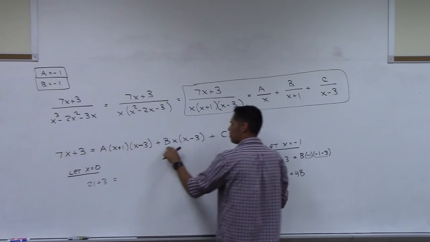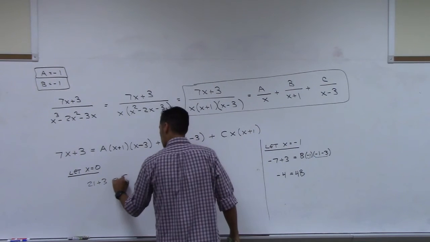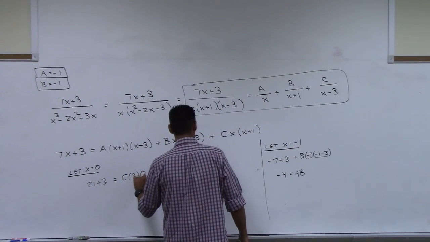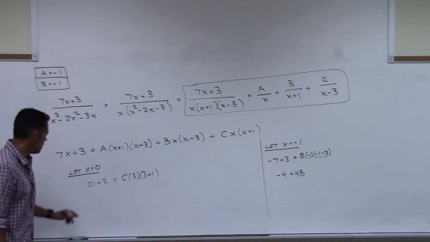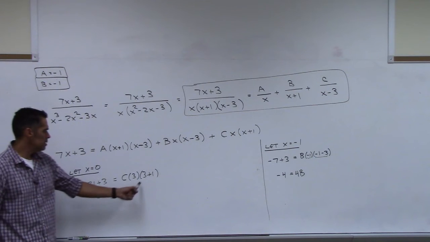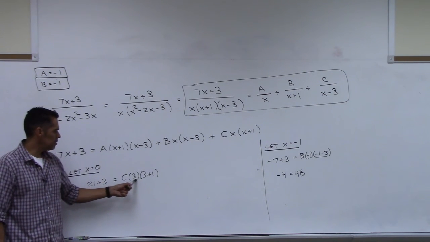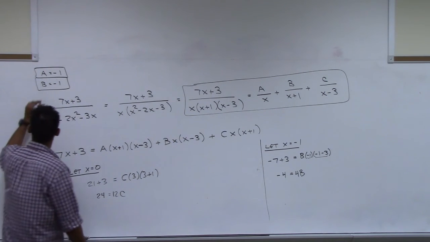This one's gone, and then just 3's in right here. So C times 3 plus 1. 24 on the left side. Right side, 4 times 3, 12C. Okay, so C is 2.